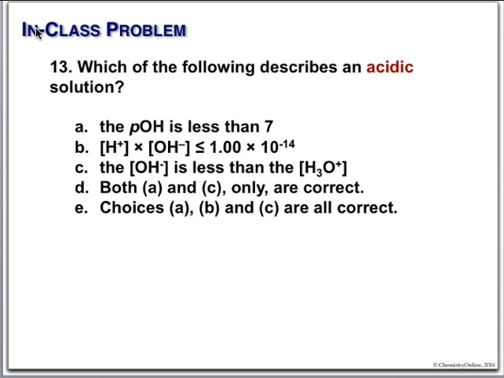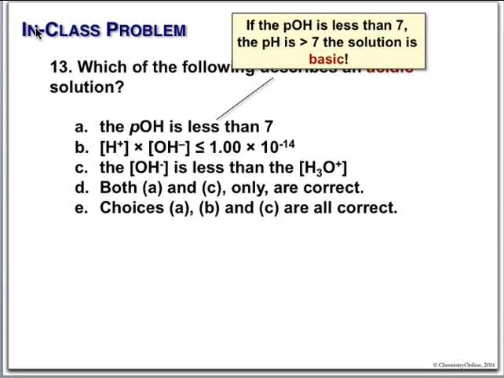So let's pretend that our pOH here was 5. If pOH was 5, what would pH be? 9. Is that acidic or neutral or basic? Yeah, it's basic. pH is above 7, it's basic.